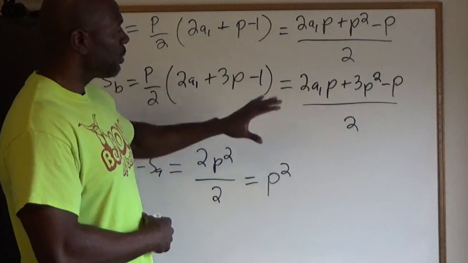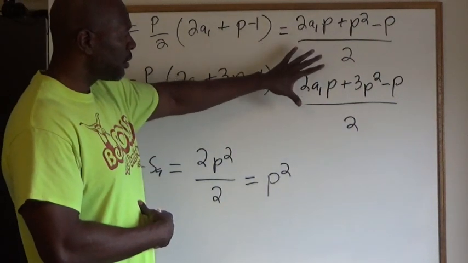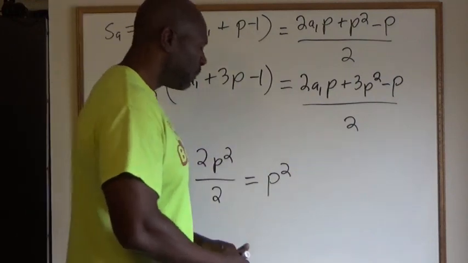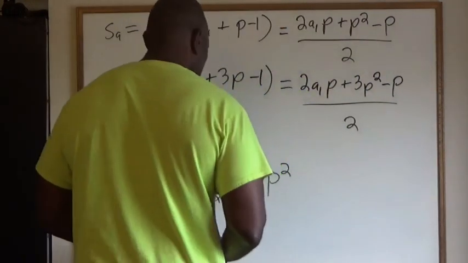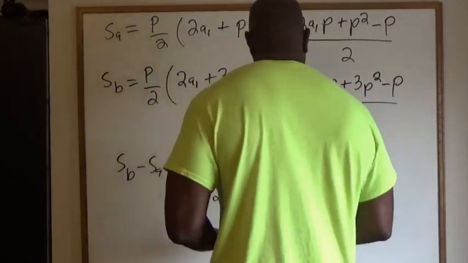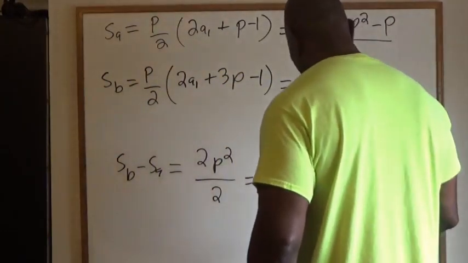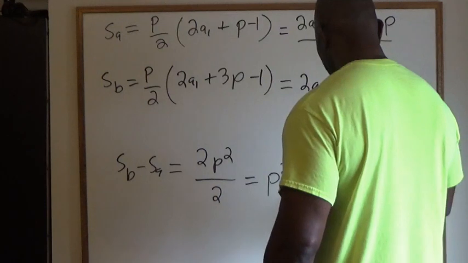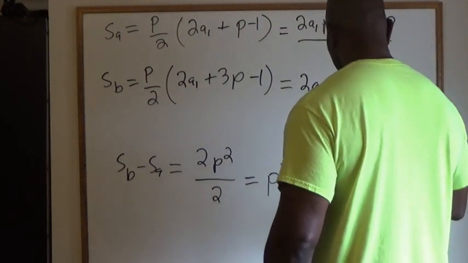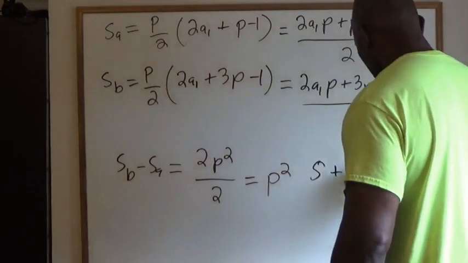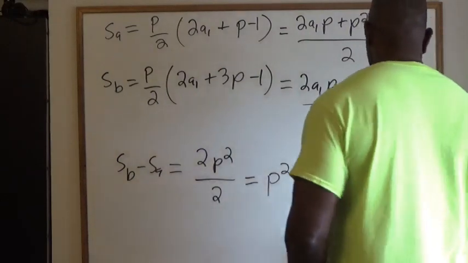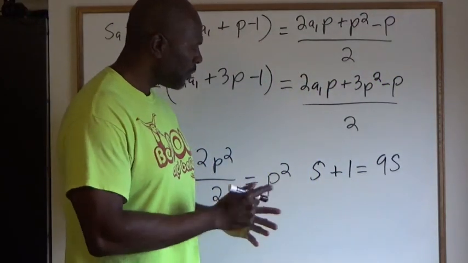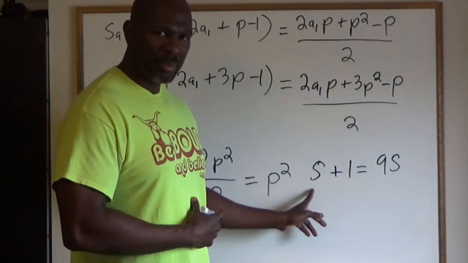But you may wonder, well, why did this math make so much sense? Well, it was based off a false assumption when we were doing these little basic algebra equations, like S plus 1 equals 9S. The algebra works if S is a finite number.